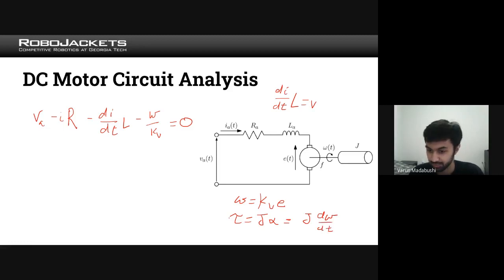And then we also have another expression for torque, which is that torque equals Ki times I. So we can put these two together and we want to solve for d omega/dt. But let's just do J alpha equals Ki times I.